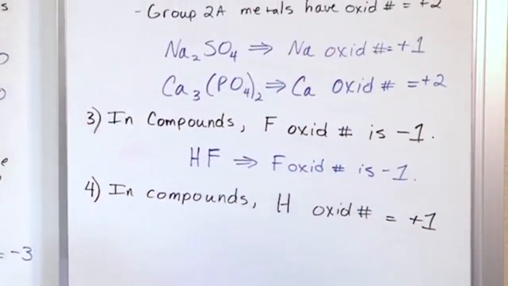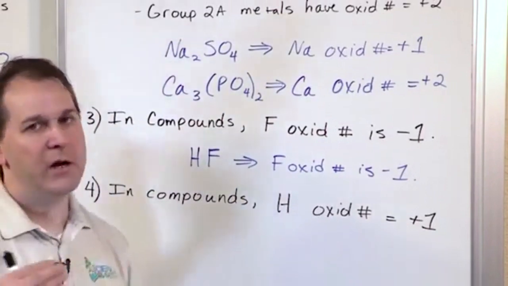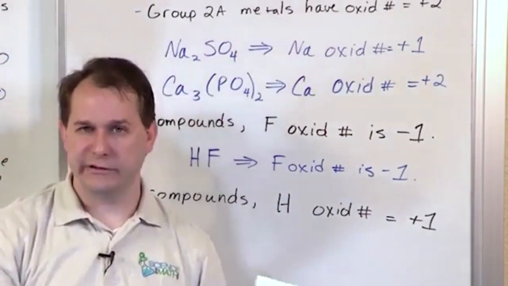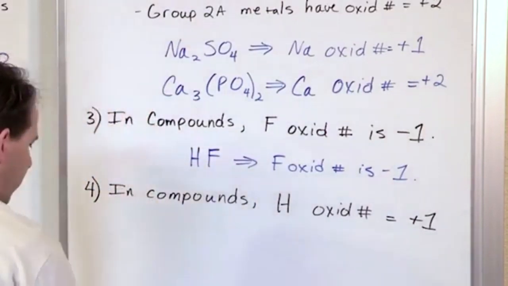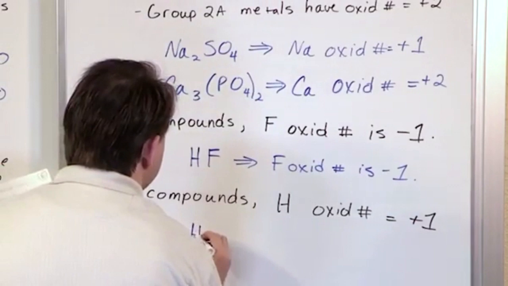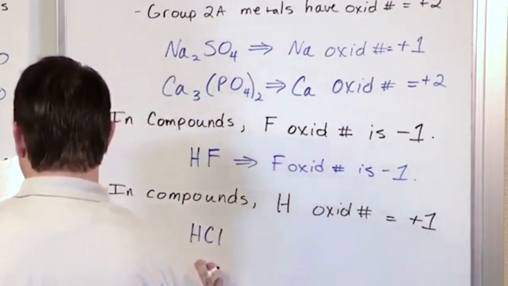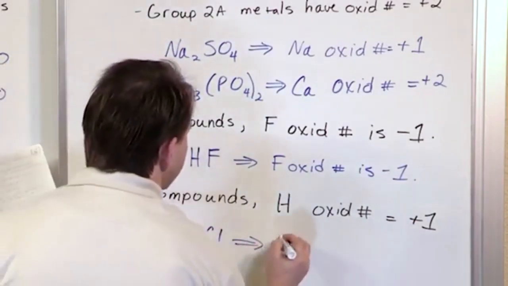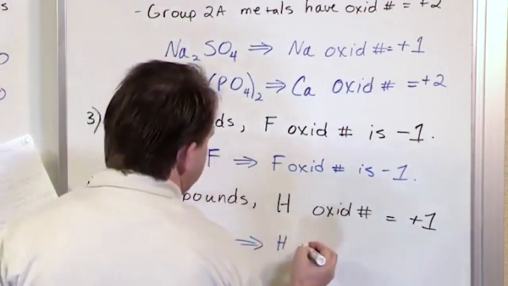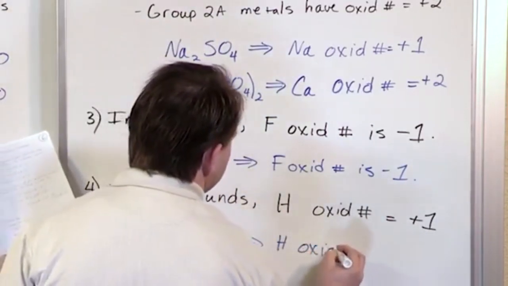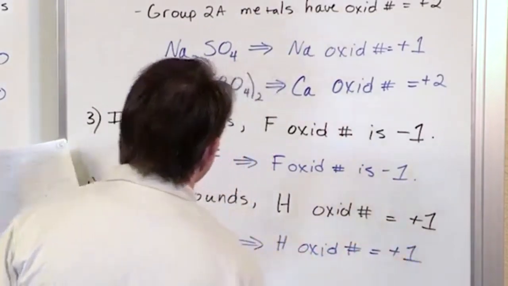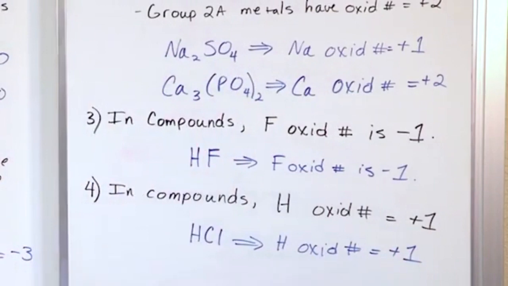If you think about that, it makes sense, because hydrogen is in that first column on the periodic table, and it usually does like to have a charge of +1. So let's give another example. HCl, hydrochloric acid. We know without looking that the hydrogen in here has an oxidation number of +1.